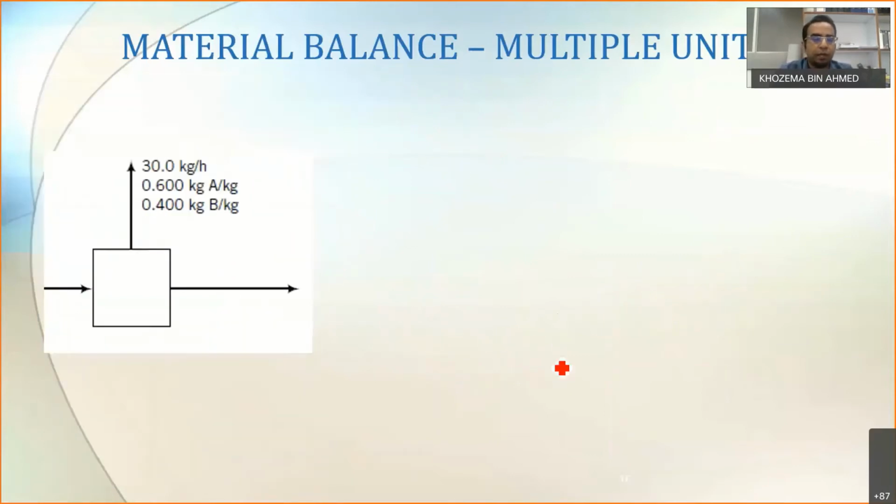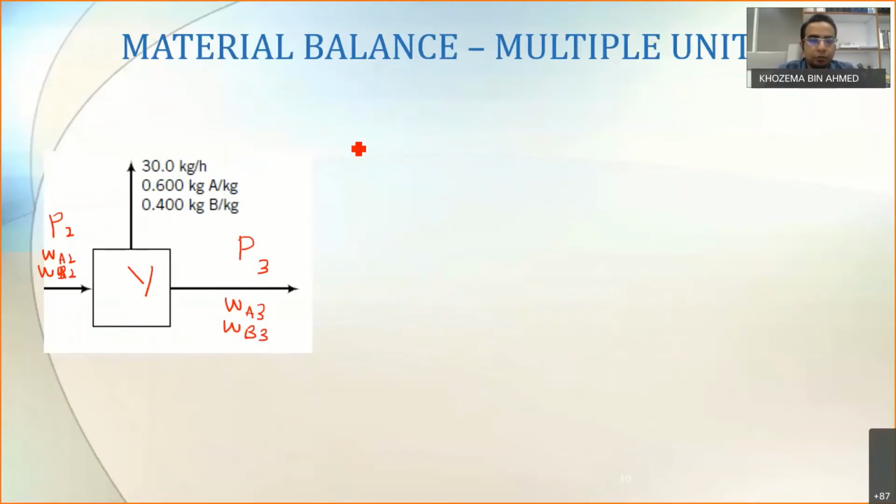Now we have our second unit, which we label as Y, right? So here again, this is P2 coming in into the Y unit, and we have WA2 and we have WB2. And then leaving here is our stream number 3, right? So we can say that this is my P3, where I have WA3 and WB3.